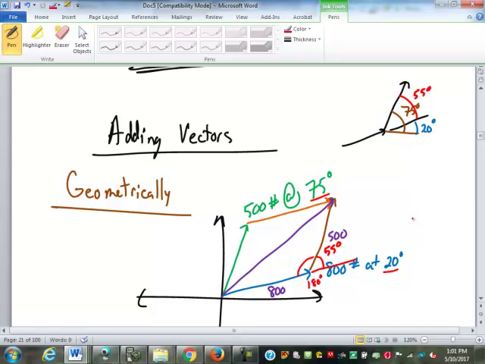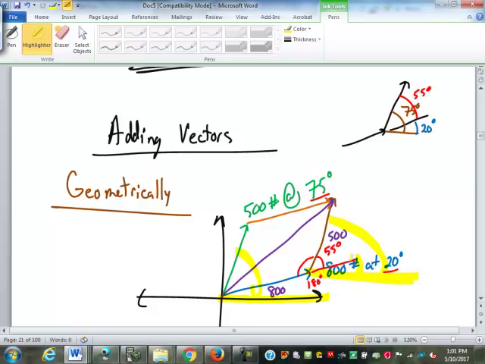You're looking stunned. Well, all I did is from this point right here, I drew a line out horizontally here. Like I just moved this up to there, basically. So if this was 20 degrees here, this is 20 degrees here, right? If this was 75 degrees here, this is 75 degrees here.